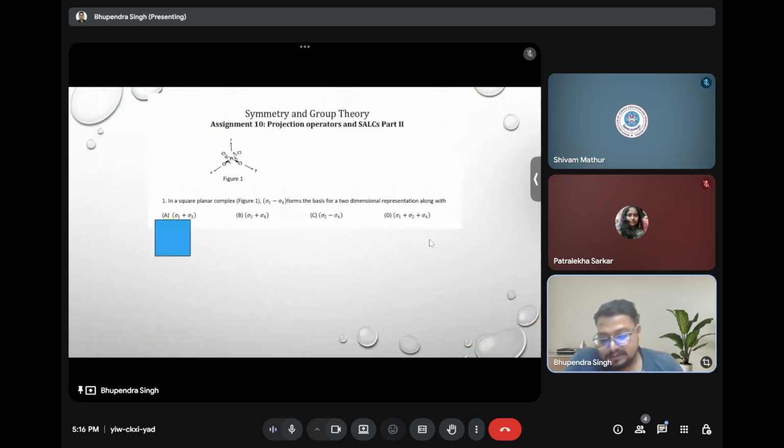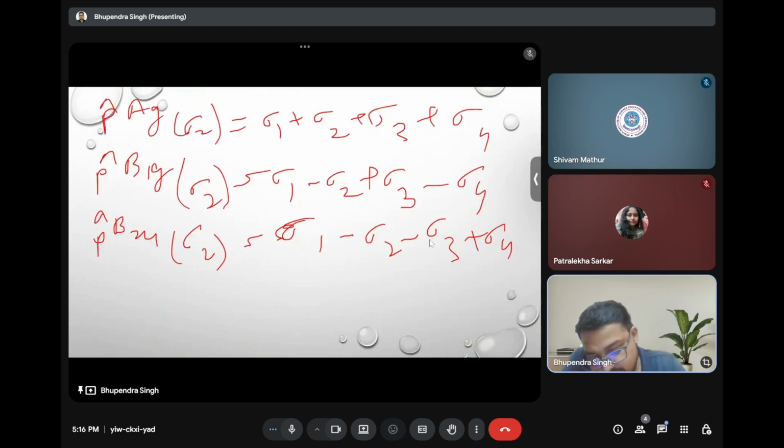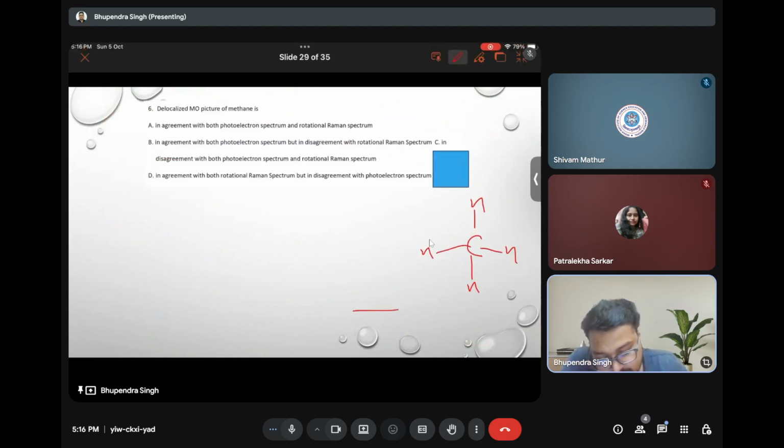But the question is saying delocalized means all are degenerate. For the methane case, let's say this is sigma 1, sigma 2, sigma 3, sigma 4, all are degenerate.